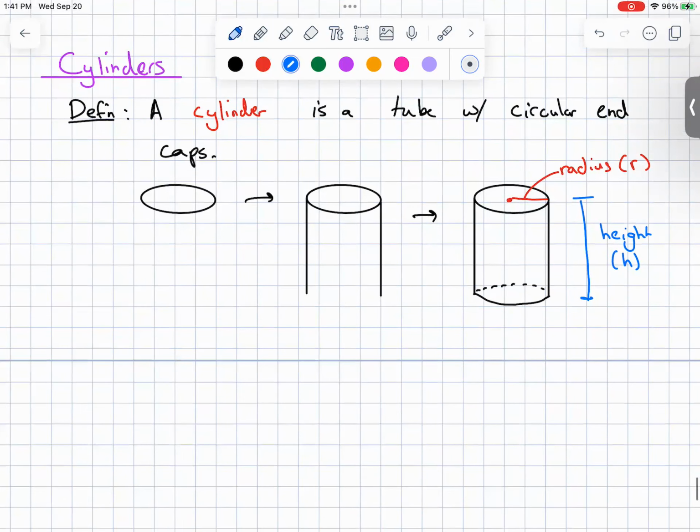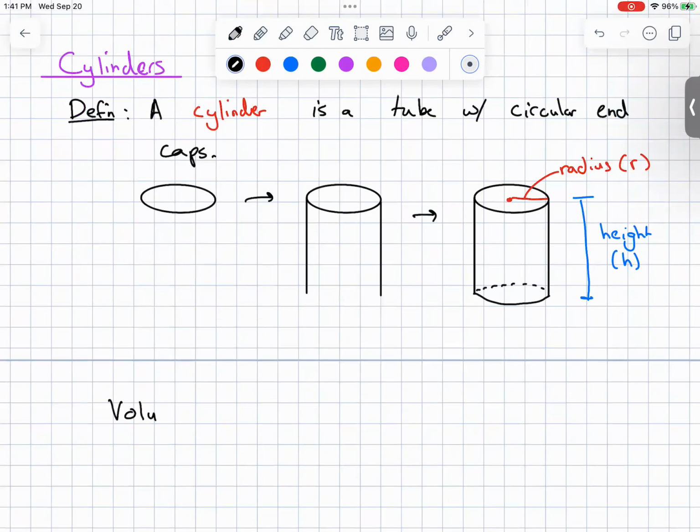And so for the volume formula, it's going to be V is equal to pi R squared H. And that's kind of interesting, isn't it?